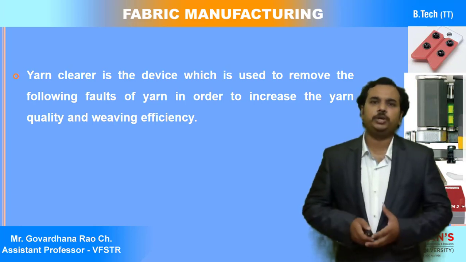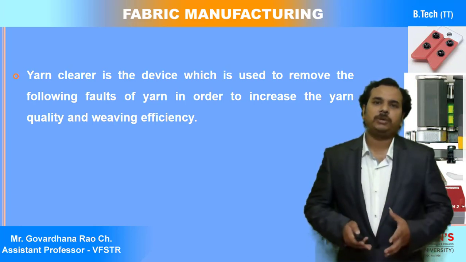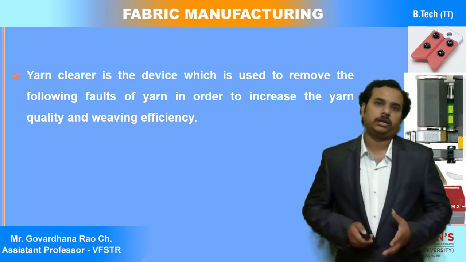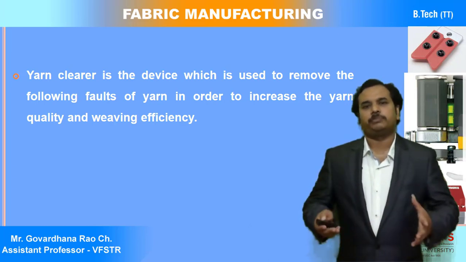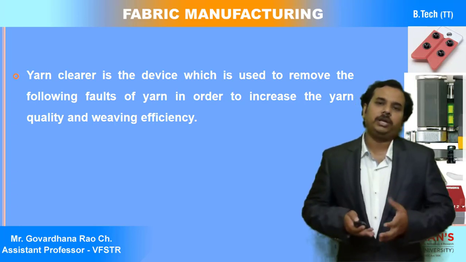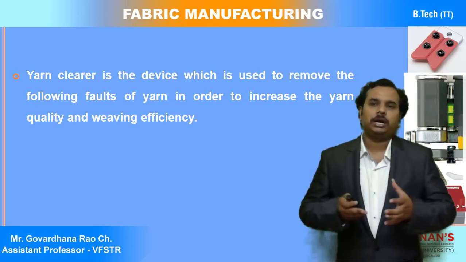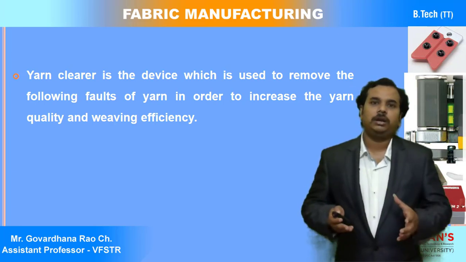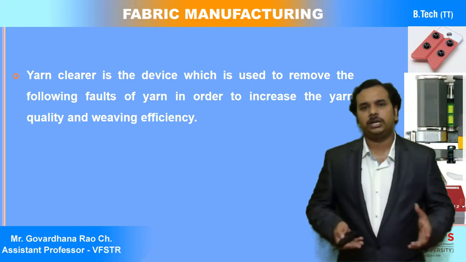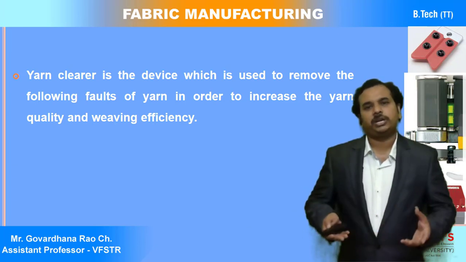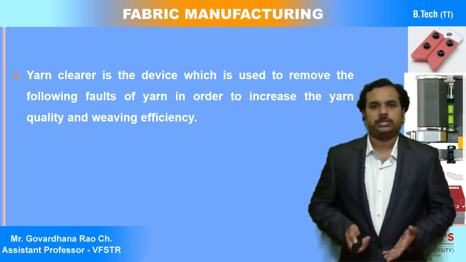That is why we need to remove all these weak places or objectionable faults present in the yarn. So what are the different types of faults present in the yarn, which develop because of raw material problems or because of machinery variable variations?